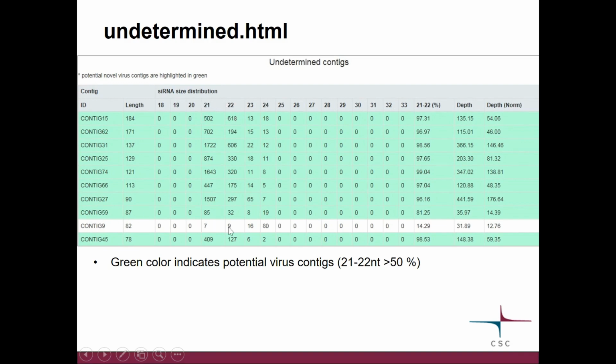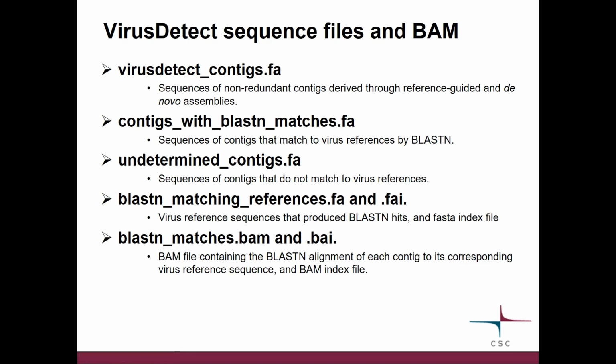There is one that wasn't, which was longer, and that is not proposed to you as a potential new virus. Then you also get a whole heap of sequence files, FASTA files, containing the contigs, the blastN matches, and the references, and so forth.